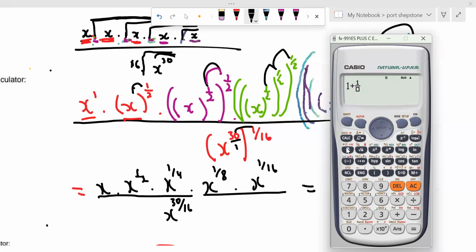So we have 1 all over 2 plus 1 all over 4 plus 1 all over 8.